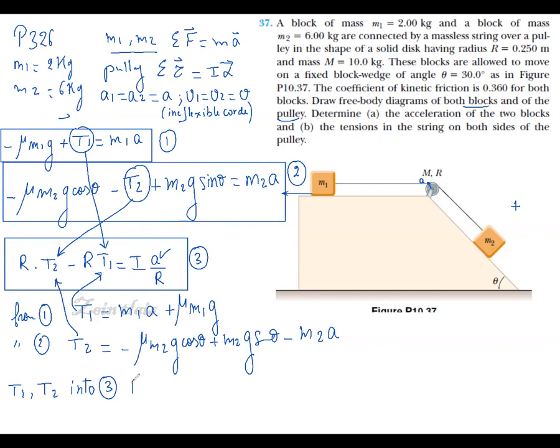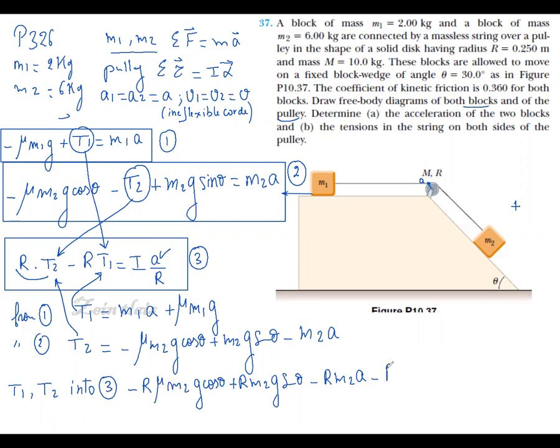We get finally R times T2. Okay, we can put it directly. We have minus R mu M2G cosine theta plus R M2G sine theta minus R M2A. This is the first one.